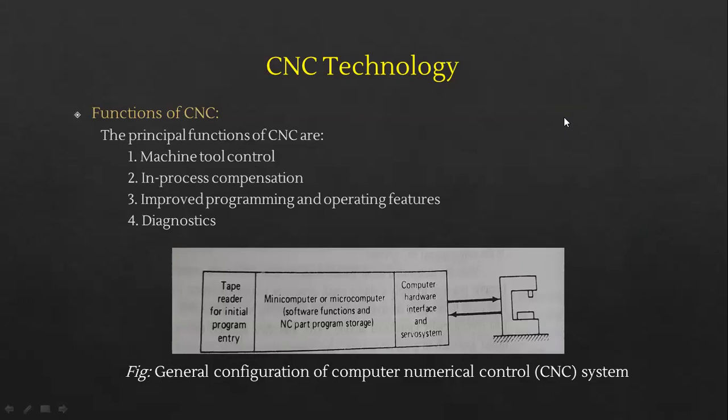So if we are able to give that offset to the CNC, then we no longer need to have changes in the part program because of that wear of the tool. Okay, so it should be able to compensate in process as well, and programming and operating features, as we are able to modify the program, and diagnostics about the different tool troubleshooting, etc.